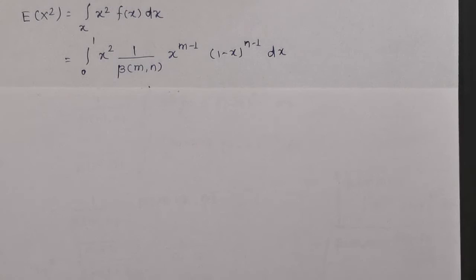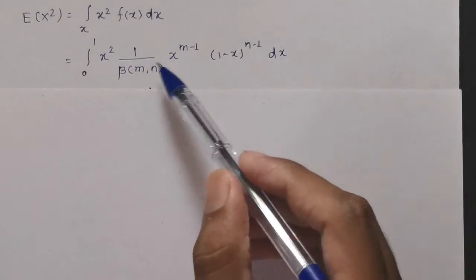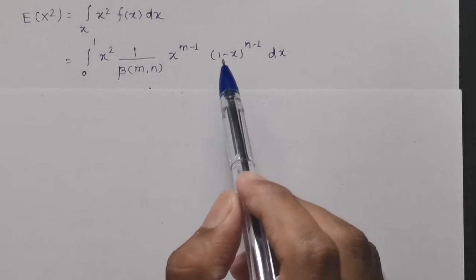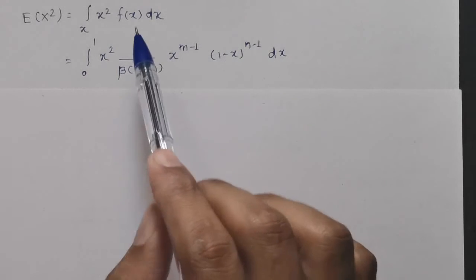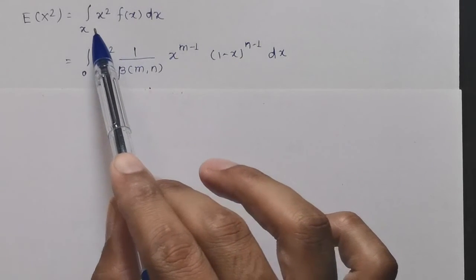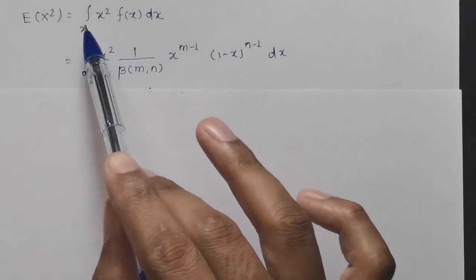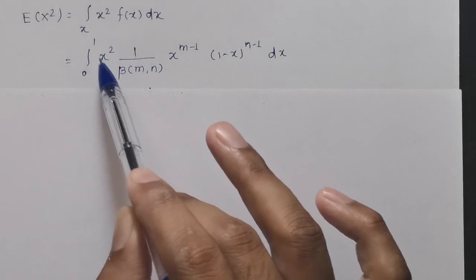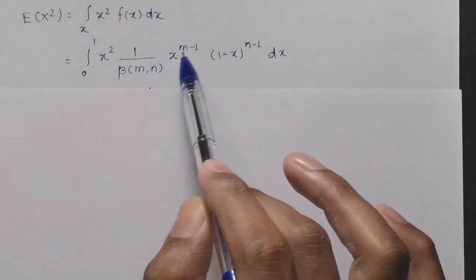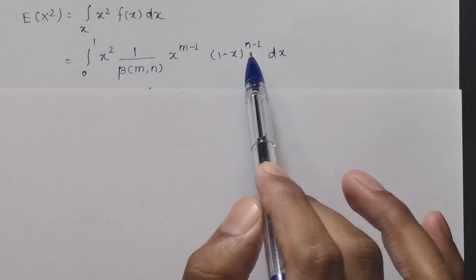Here f of x is 1 upon beta mn x raised to m minus 1, 1 minus x raised to n minus 1. Therefore, the expected value of x square is the integration over 0 to 1 of x square into 1 upon beta mn x raised to m minus 1, 1 minus x raised to n minus 1 dx.